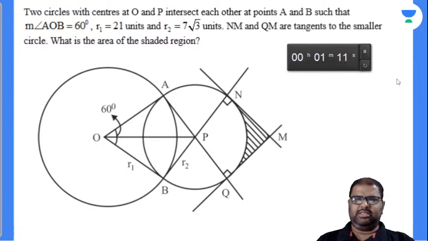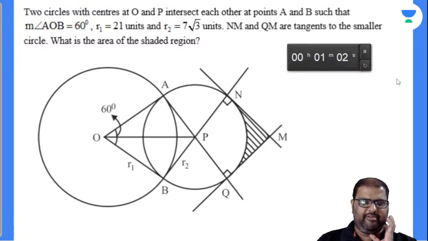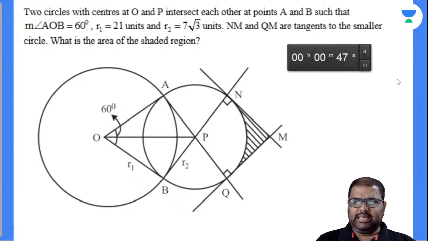Any answer for this? I have removed the options here. You can keep the pi value and then you can say the answer. No need to calculate the pi value. Keep pi as it is and let me know the answer there. Two circles with centers at O and P intersect each other at points A and B such that angle AOB is 60 degrees.